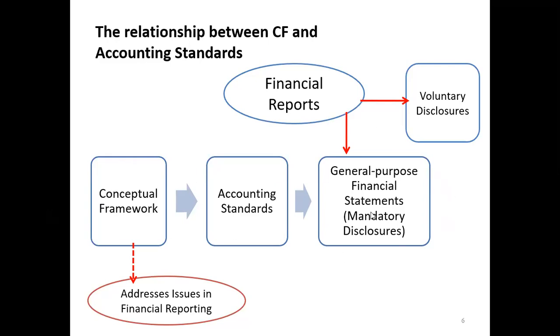So hence, it deals with the general purpose financial statement, where we talk about the financial performance or the economic performance of an organization. But in this course, you will be learning the different reporting dimensions like sustainability reporting and integrated reporting. These are the latest developments in the corporate world. Those come under the voluntary disclosures.